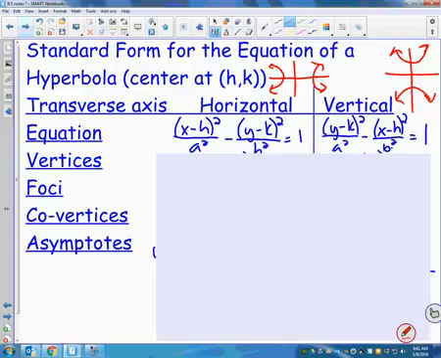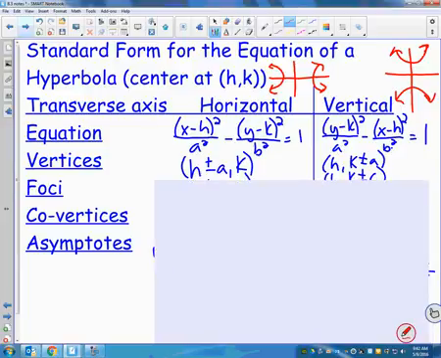So our formulas for the vertices and the foci and the co-vertices, that's kind of like the minor axis, are exactly the same as an ellipse, meaning that for the vertices, you just find what a is, and you go a units either left or right, or up or down, depending on which way it opens. So the way that looks in the formula is if we're going horizontally, we're going to add and subtract a to the h value.